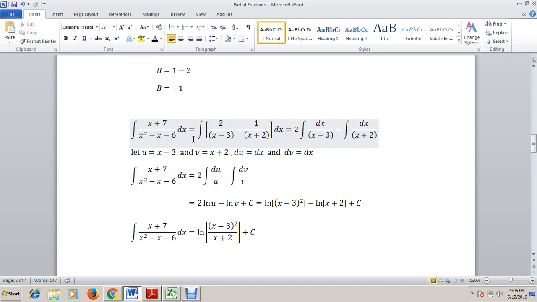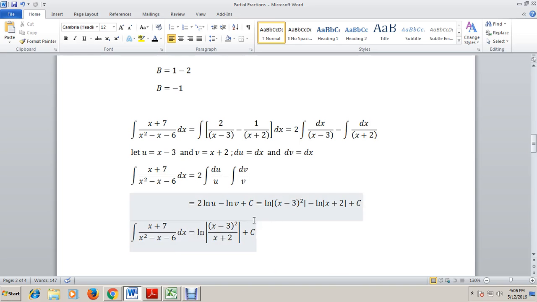Now, from here, it's a simple substitution, representing u as the given expression in our denominator, and then you just employ our usual processes of integrating du over u or dv over v. You should arrive with the form of the resulting integral as ln of (x minus 3) squared over (x plus 2), then plus c.